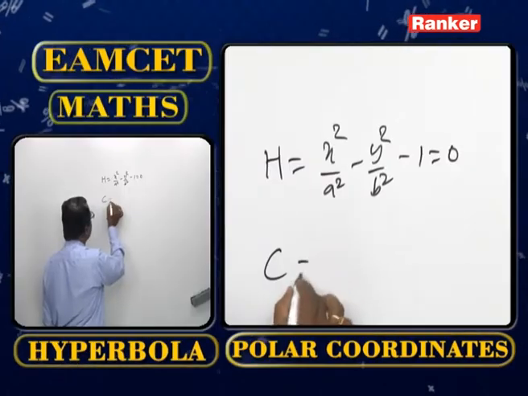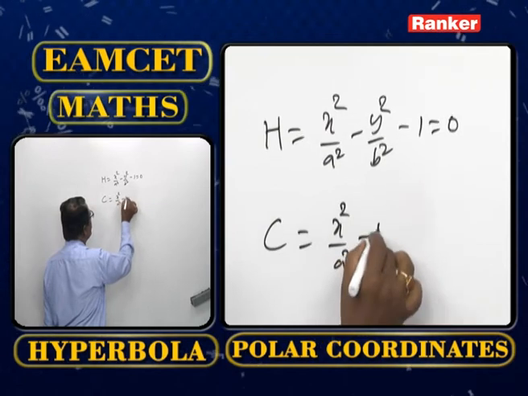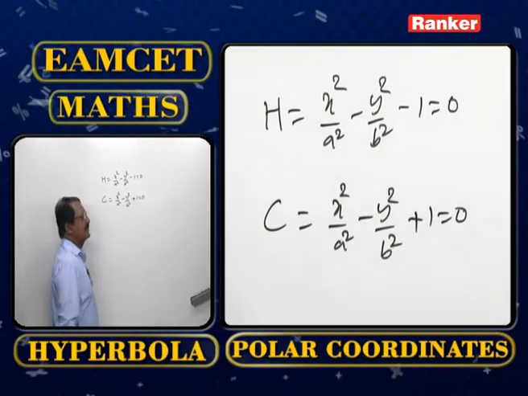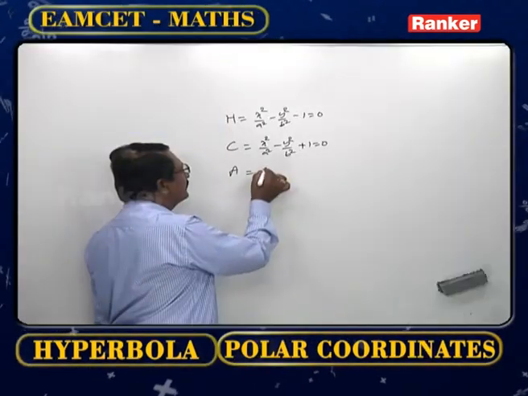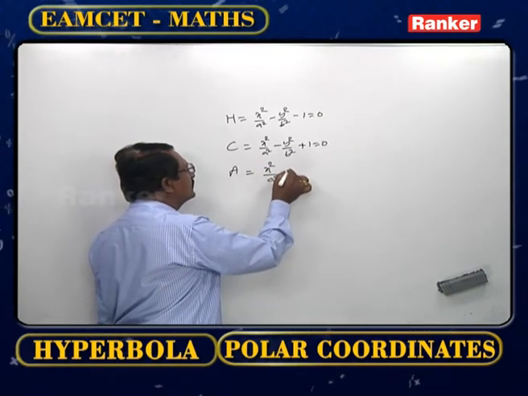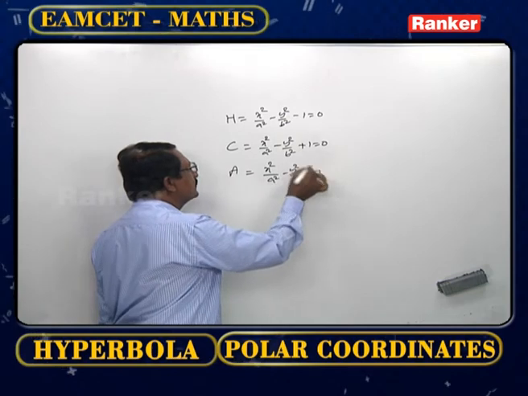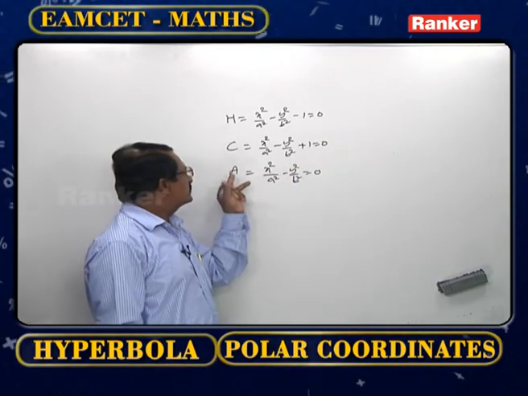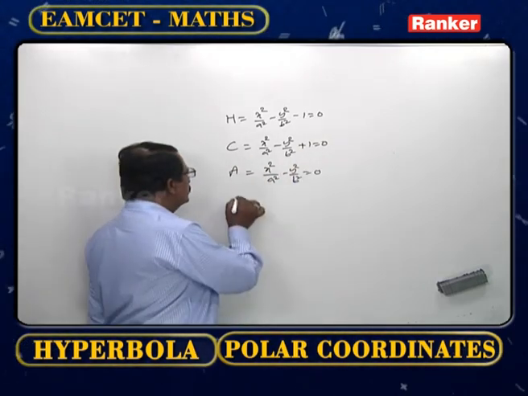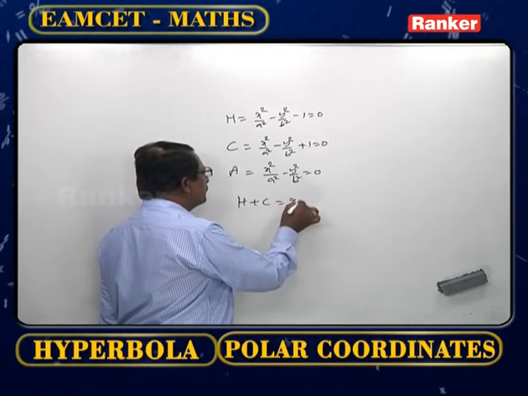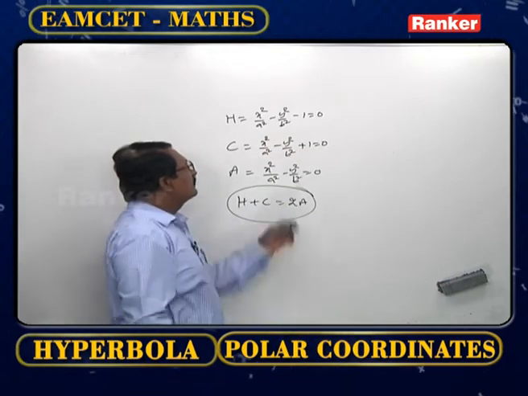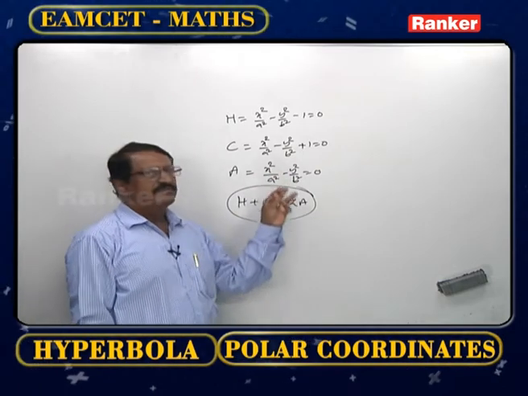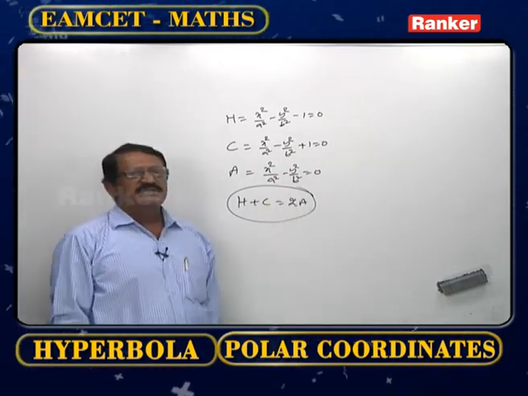Its conjugate hyperbola equation is x square by a square minus y square by b square plus 1 equals 0. And the asymptotes equation is x square by a square minus y square by b square equals 0. With hyperbola equation H equals 0, conjugate hyperbola equation C equals 0, and asymptotes equation A equals 0, we always have H plus C equals 2A. That is, the sum of the equations of a hyperbola and its conjugate hyperbola equals 2 times their asymptotes equation.